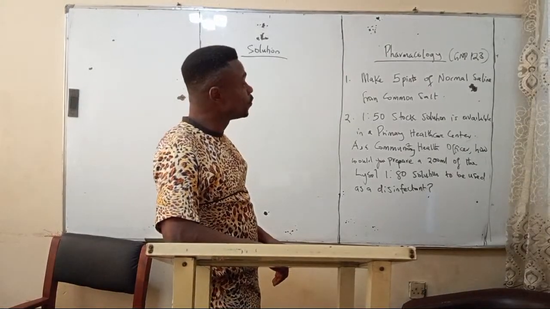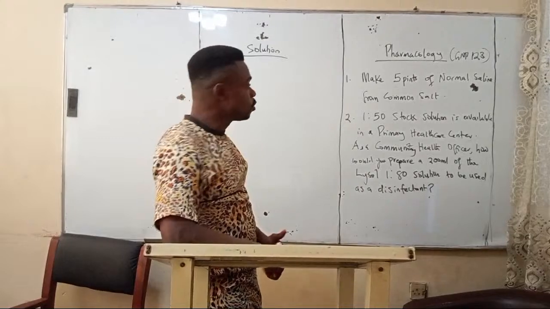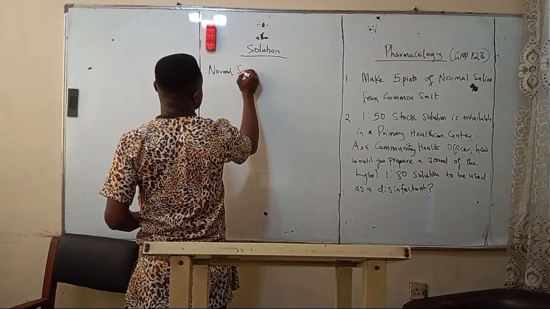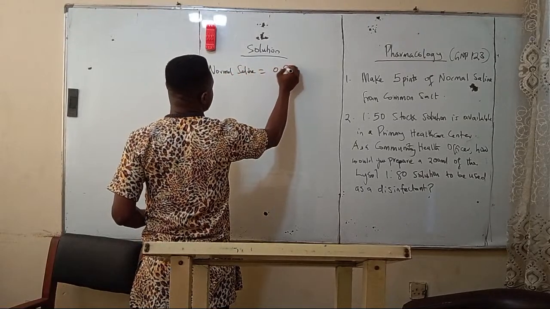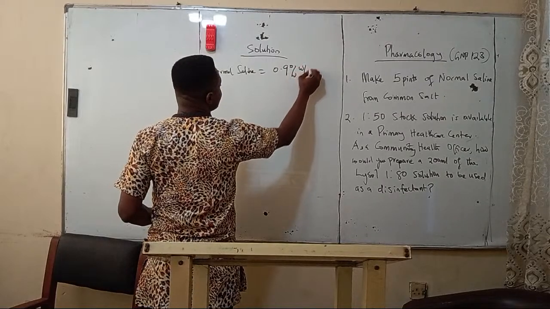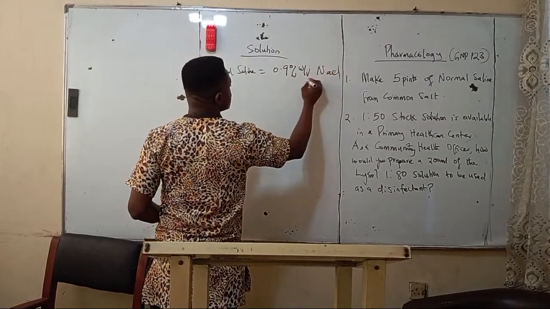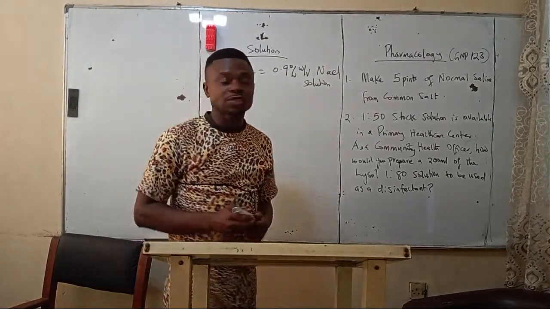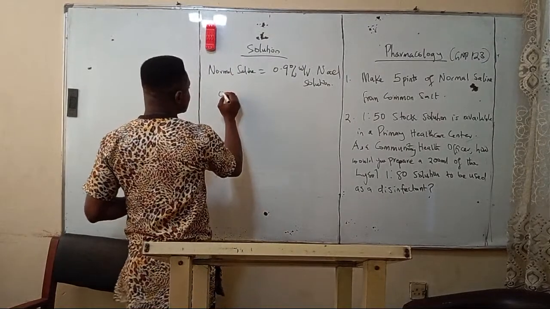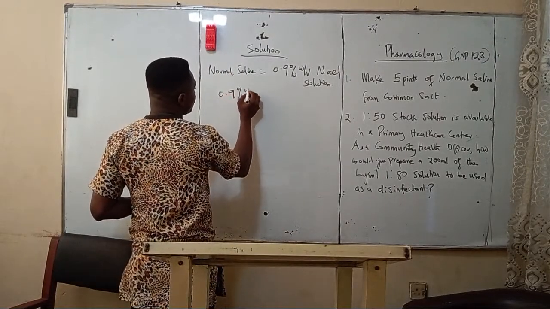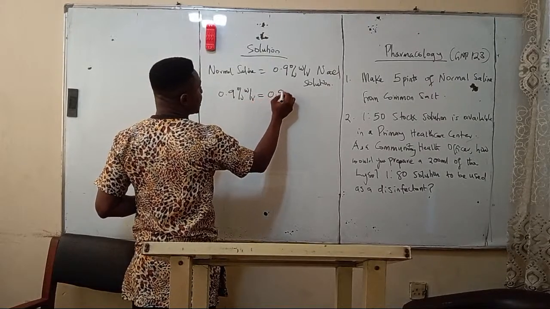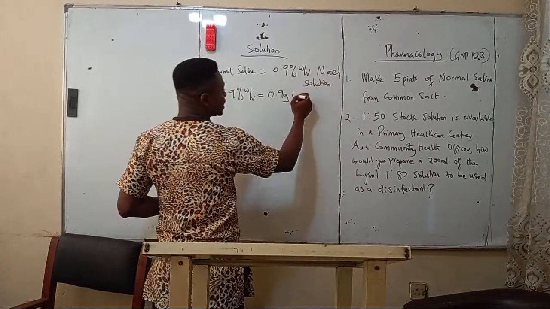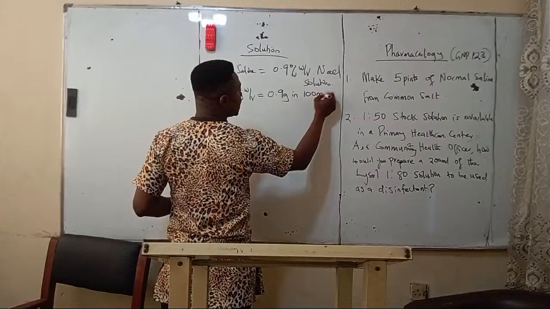So normal saline is equal to 0.9% weight in volume sodium chloride solution. From the concentration terms, anytime you see 0.9% weight in volume, it means 0.9 gram of the solute, in this case sodium chloride, in 100 ml solution.